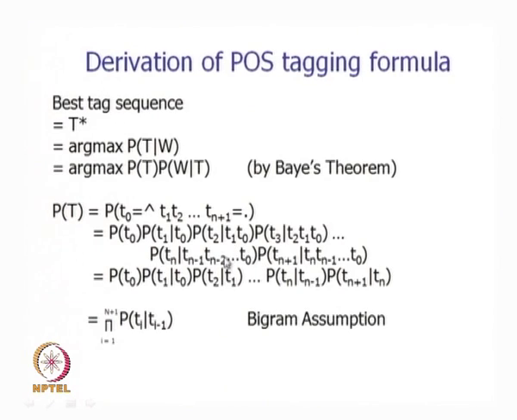What the Markov assumption is saying is that disregard anything which is very distant from the current tag. If a tag is extremely far away, it does not have influence on the tag at the current position. So, P(t_2 given t_1, t_0) is okay.